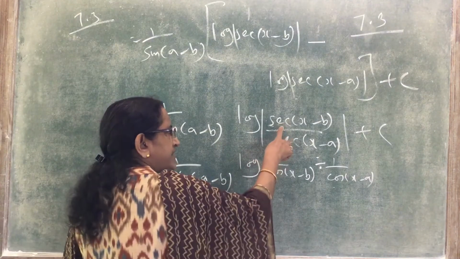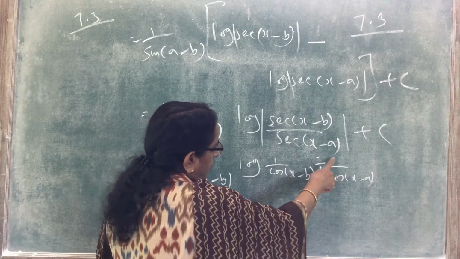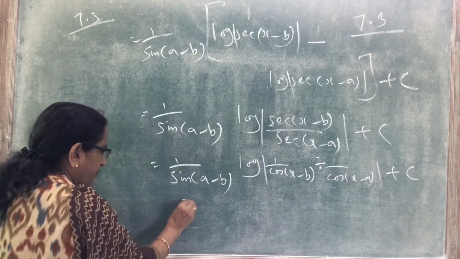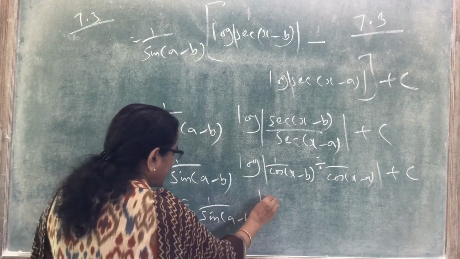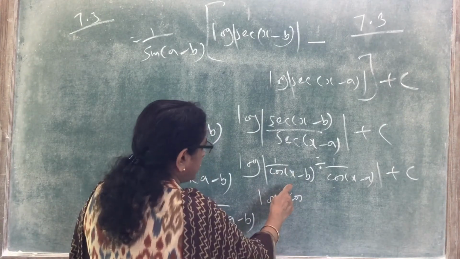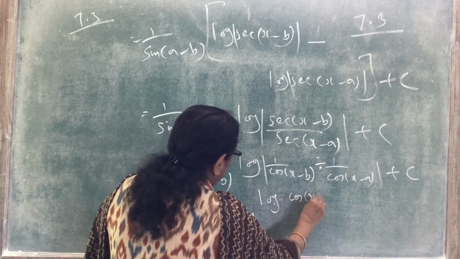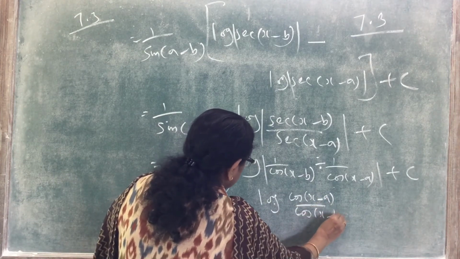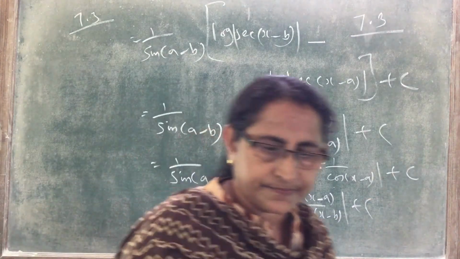Now again simplify: when we multiply by the reciprocal, we get cos(x minus A) divided by cos(x minus B), plus C. So that is the answer.